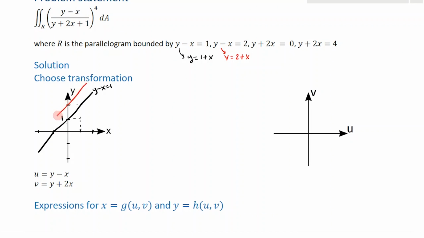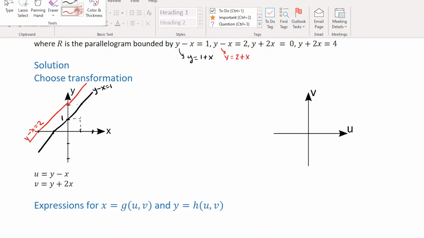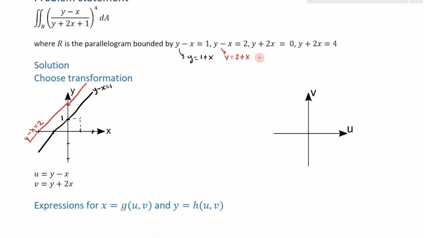It would be this line that's parallel. This is y minus x equals 2. Third line is y plus 2x equals 0, or in other words, y equals negative 2x. So this would be like this.